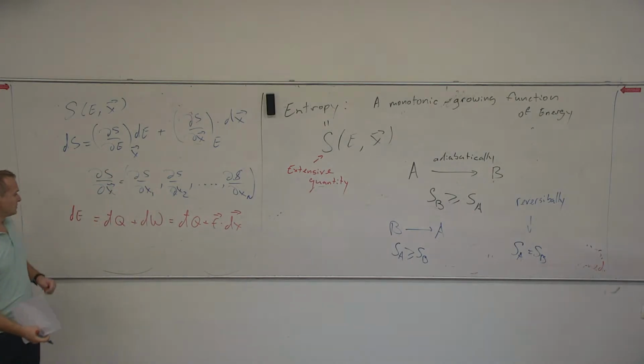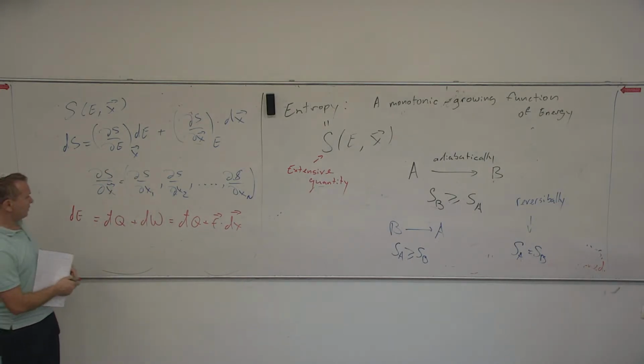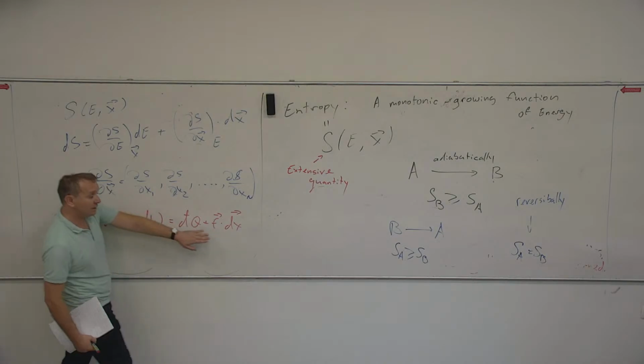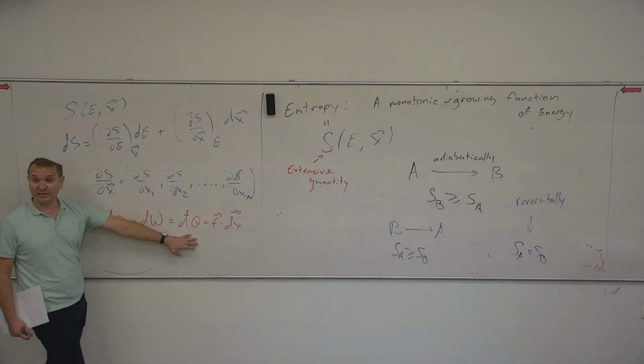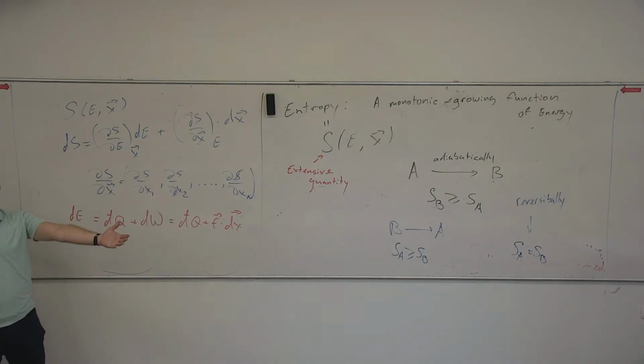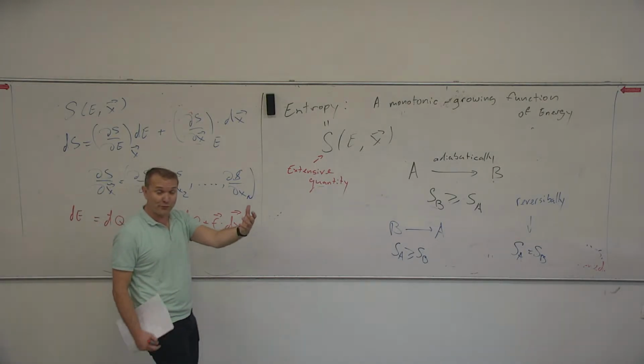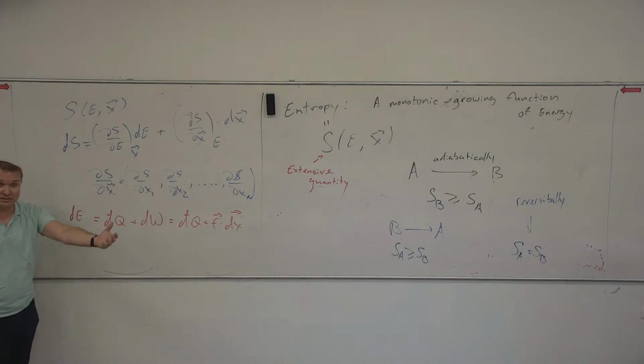Now, this part is nice. This dQ is not really nice. Why is it not really nice? Because it's not a differential. It's just an addition of heat that was brought to the system or was pumped out of the system when I observe this change in energy.